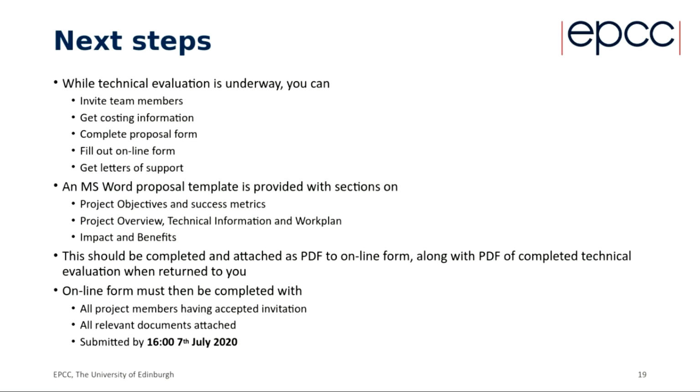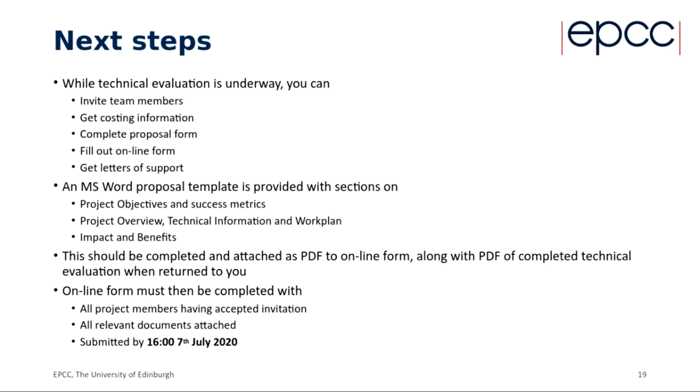The other useful kinds of letters are from people who are in need of the functionality that you are going to put into a code. If you can show that there is a need for this via letters of support, that's useful. Those are the kinds of letters the panel look for, rather than just warm words from people saying that they generally support the project. It's from the main developers and real users who will use the things that you're going to implement. They're the sorts of things that the panel will be looking for, and they can all be added.